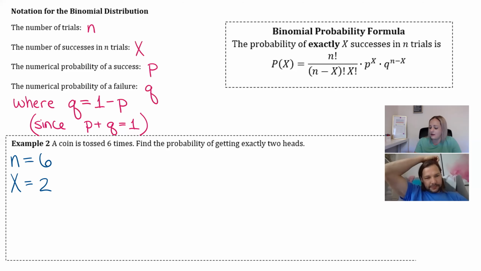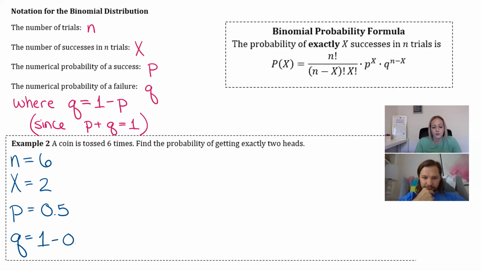So X is going to be equal to 2. P is going to be the probability that you can get heads when you toss the coin. So we obviously know that that's 0.5. And then Q will just be 1 minus P, so 1 minus 0.5, so that's also 0.5. Okay, so we're going to plug in all of those values into that formula there.